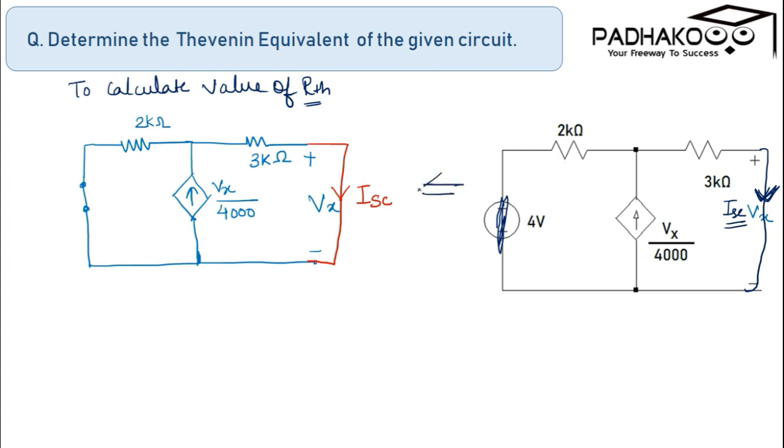So I've redrawn this particular circuit. Now the current flowing in is Vx over 4000, which gets distributed unequally in two branches. So to determine the value of ISC, we need to follow the current divider rule.